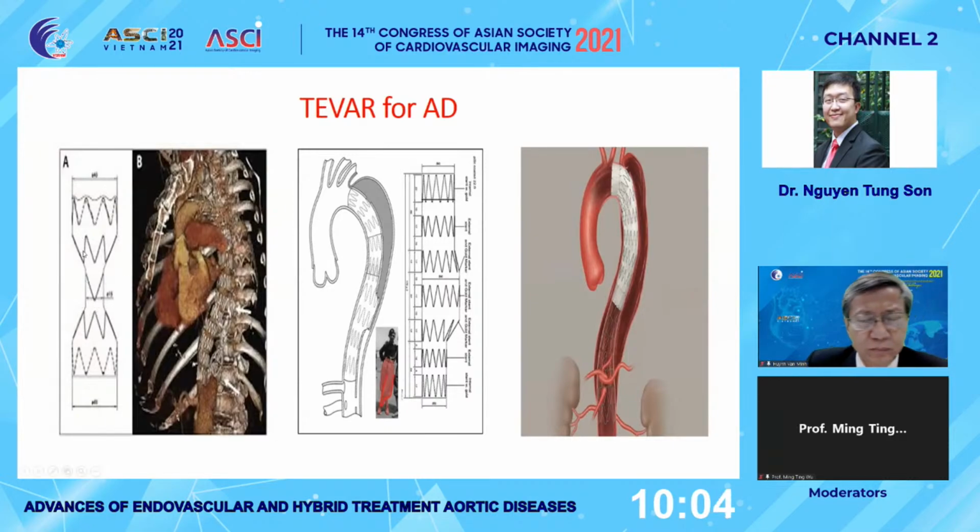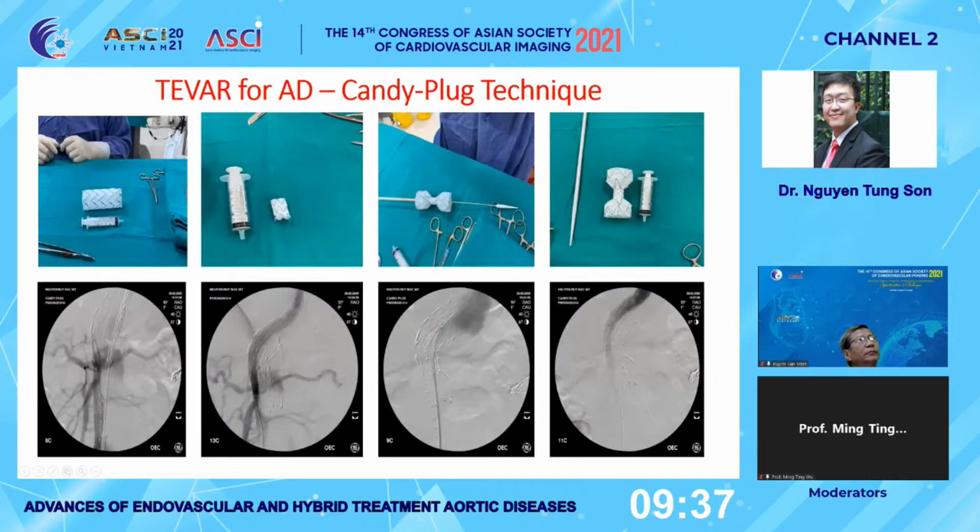This is a candy plug, this is a wire, and then a balloon to open the true lumen here to thrombose the false lumen, and if practical you use a metal stent with a big cell, and open the true lumen, and more blood supply for the renal artery and SMA. And this is a candy plug technique modified in my center.